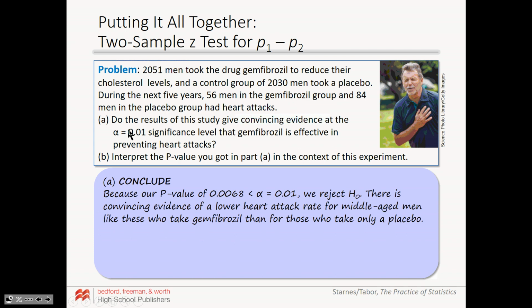Our p-value is really pretty small. It was 0.0068, and that's definitely less than our alpha value, which we set in the beginning. So we're going to reject H0, and we do have some evidence that the middle-aged men who would take this gemfibrozil drug would have a lower heart attack rate than those who only take a placebo. So we do have evidence to say that this drug was more effective than the placebo.